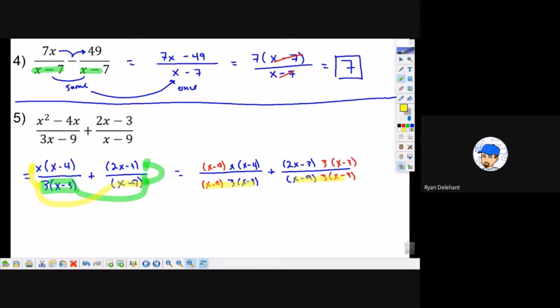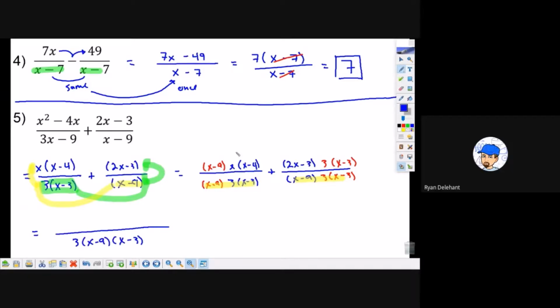Are the denominators the same thing? They are. And that's our ultimate goal when performing this operation. So we can write this as one fraction. And I'm going to put the 3 up front just because it doesn't matter what order I multiply in.